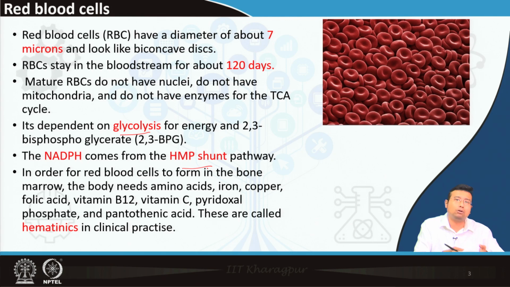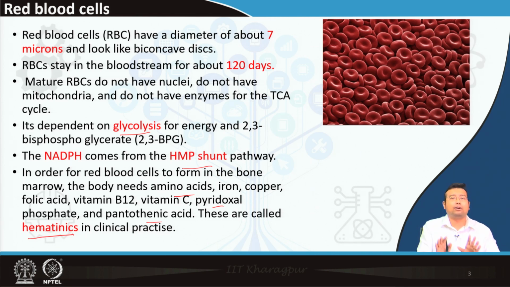They are formed in the bone marrow, and this reaction needs many compounds, many nutritional supports. They are some amino acids, iron, copper, vitamins in the form of folic acid, vitamin C, vitamin B12, vitamin B6 and pantothenic acid. All of these are needed for formation of blood and they are known as hematinics.